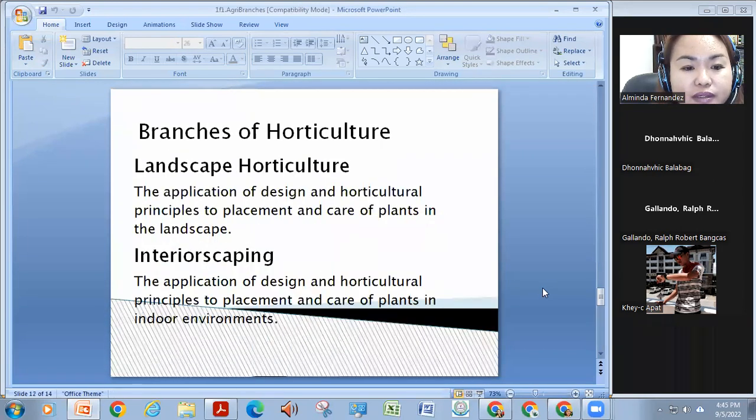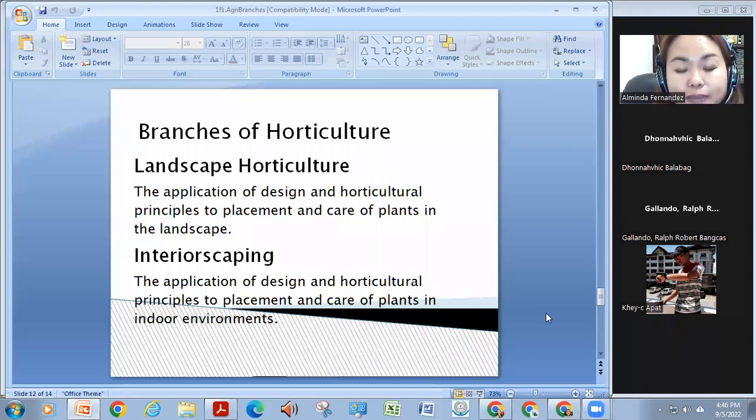So we also have other branches such as landscape horticulture, which is your final activity, wherein as a group or individual, depending on your choice, we will have particular places in your campus or in your backyard to design ornamentals into a beautiful landscape.